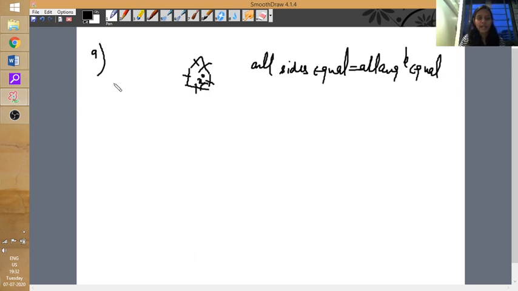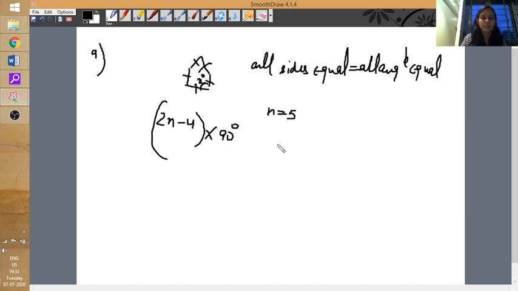What I can do is find out the sum of all interior angles first of all. The formula is (2n minus 4) into 90 degree. So n is equal to 5 because it is a pentagon. So (2 into 5 minus 4) into 90 degree, that is 6 into 90. When you solve, 10 minus 4 is 6, that is 540 degree.